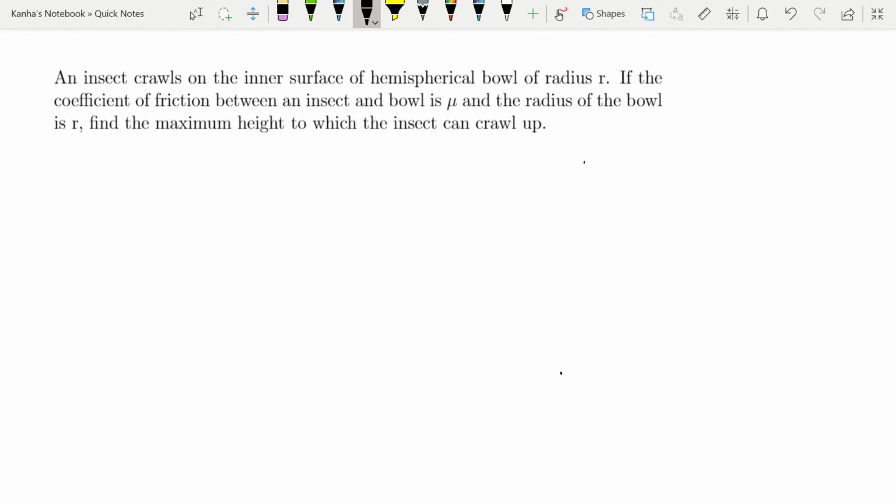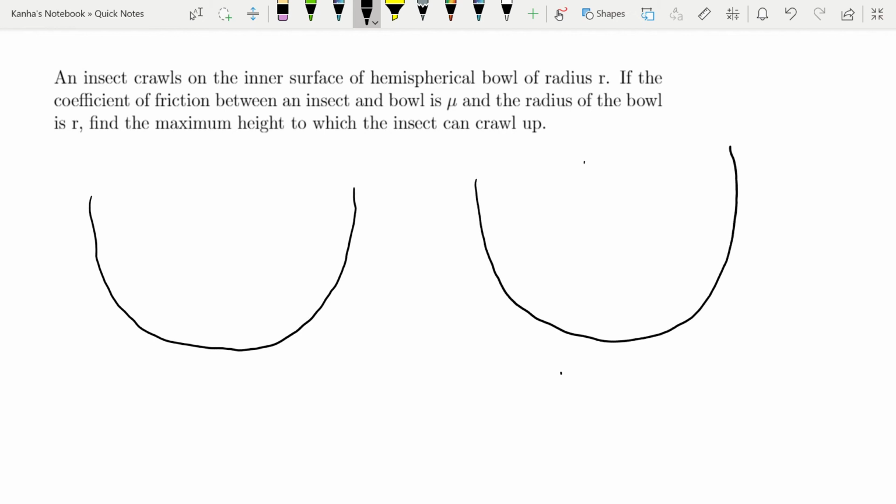So let's look at this question. First of all, just make the diagram of what is actually happening. The insect is trying to go up on the hemisphere, and you know that there is a force of gravity that will try to pull it downwards.